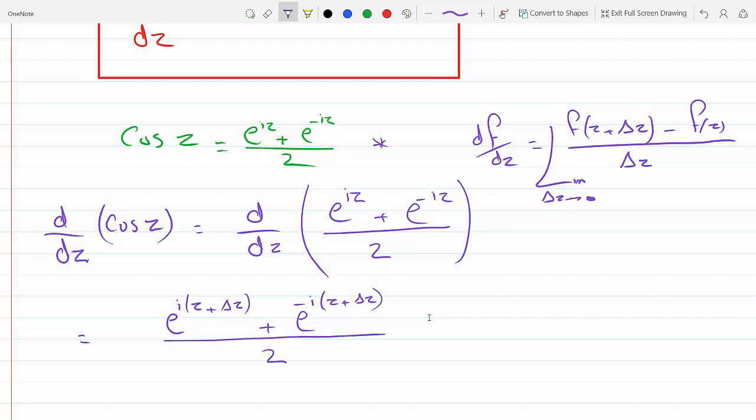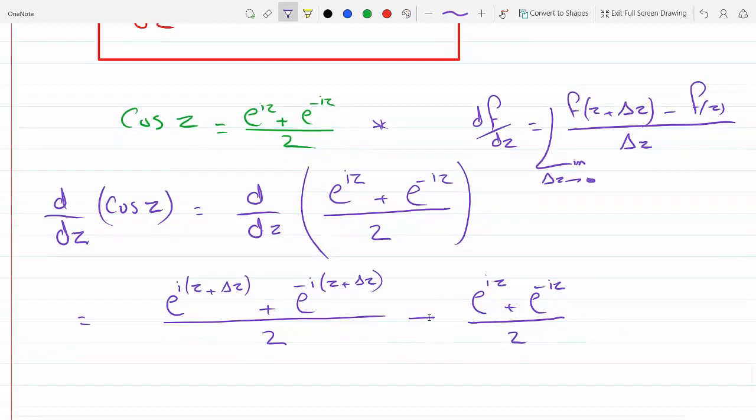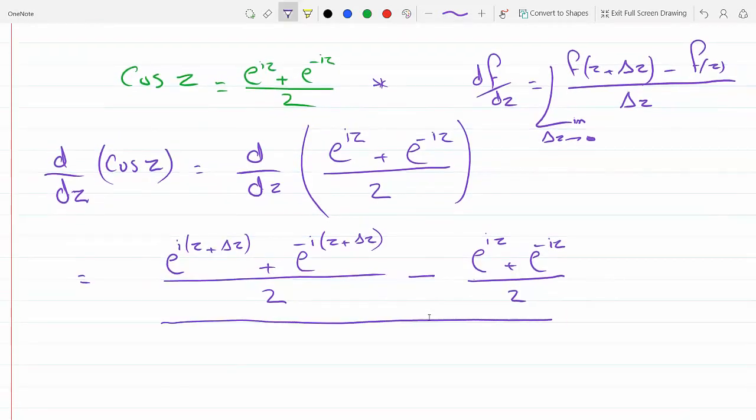This is just f of z plus delta z minus f of z, which is the original, e to the iz plus e to the minus iz over 2, and this is all over delta z. And when we're done, we will take the limit as delta z goes to 0.